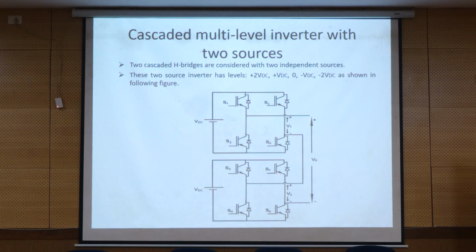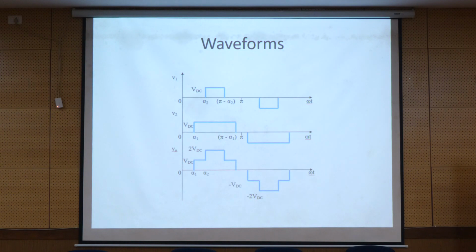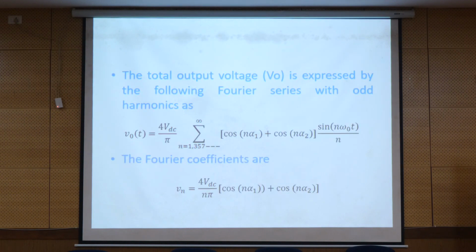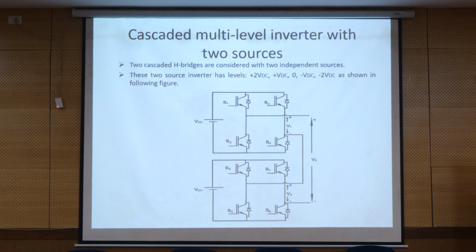Now, we discussed all these things. You know that the output of one converter is given, I mean the output voltage V output, which is equal to, what is the output voltage expression? V1 plus V2.